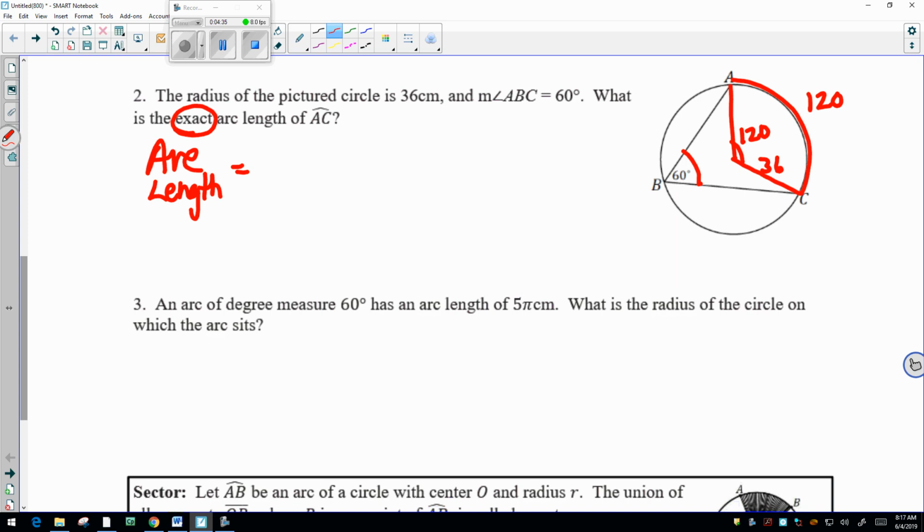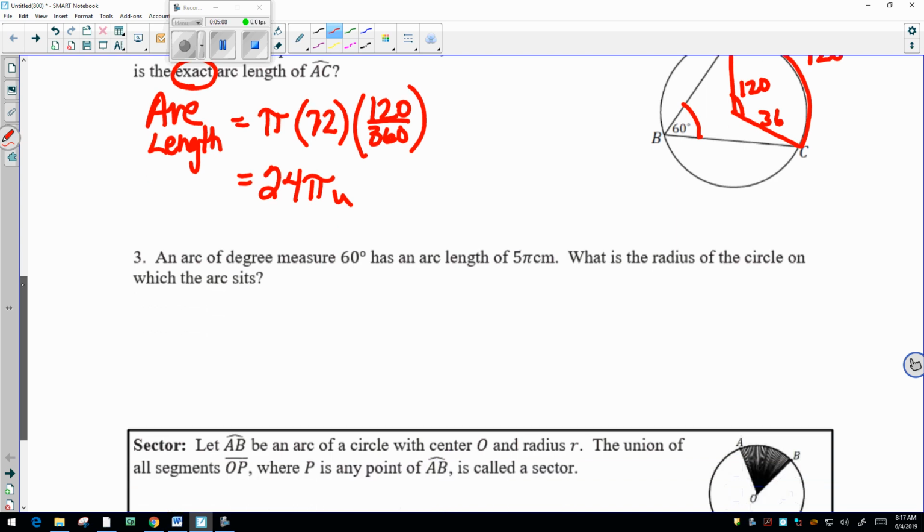So we have pi times our diameter. Our radius is 36, meaning our diameter is 72. Then we multiply that by 120 over 360. Again, fraction template's great here. We plug in all of our numbers, and the only number that we're not pressing is pi because it's exact. When we do this, we get an exact arc length of 24 pi, and we could say units since it's a linear measurement.